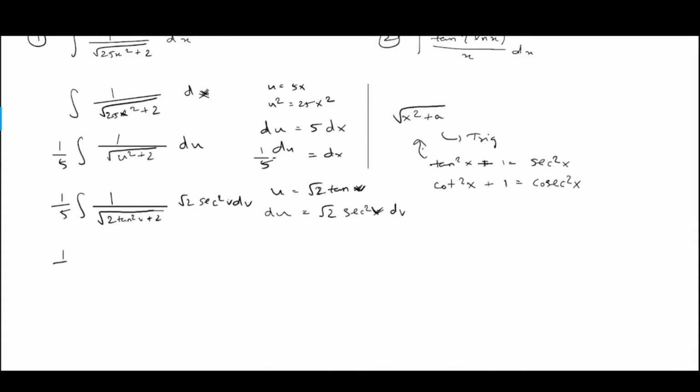Now I have the integral of 1 by root 2 secant v, and then another root 2 secant squared v dv. Now the root 2 and secant v cancel, and that's how I have the integral of secant v dv. 1 by 5 times that is my final answer.